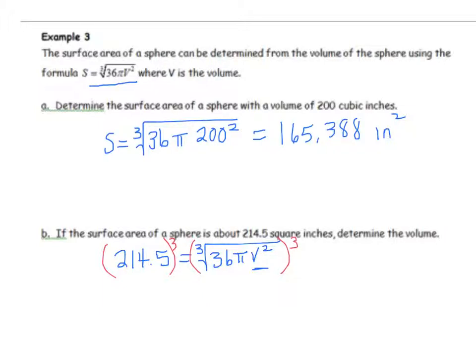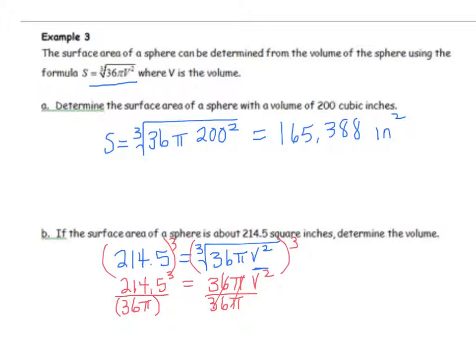All right, so I have 214.5 cubed equals 36 pi V squared. The next thing I want to do is divide both sides by 36 pi. Now, when you do this in a calculator, you're going to want to put the parentheses around it, not on this side because they cancel. And so I will have this.